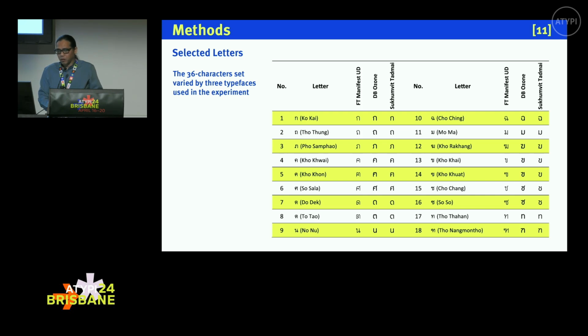The second, letter Thortung, has an inner loop. But the third, letter Punsongserm, has an outer loop. This is a similar character, and is a group of the confusion pair.